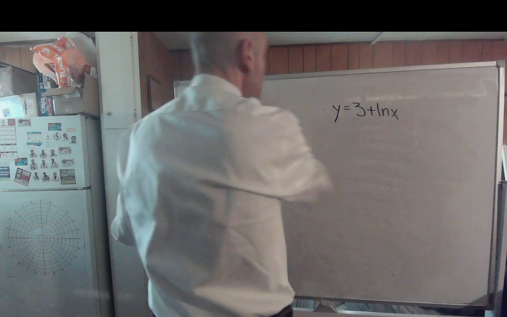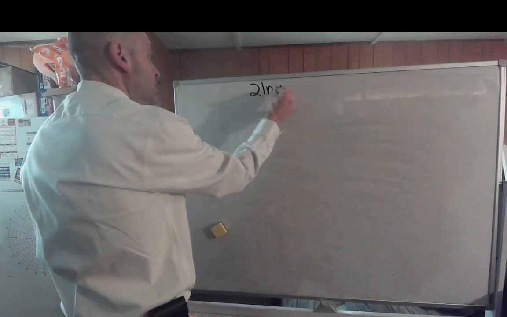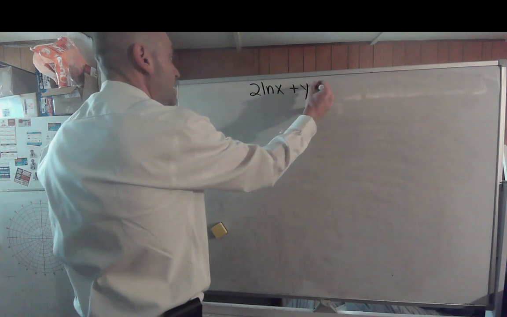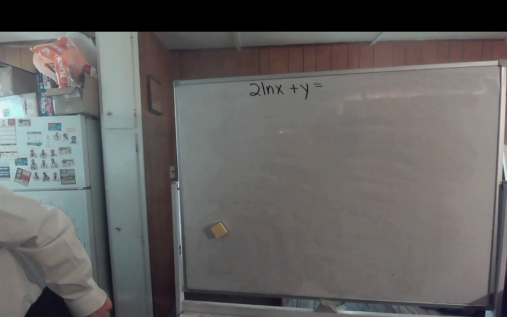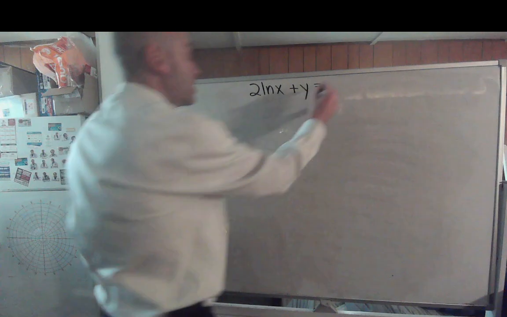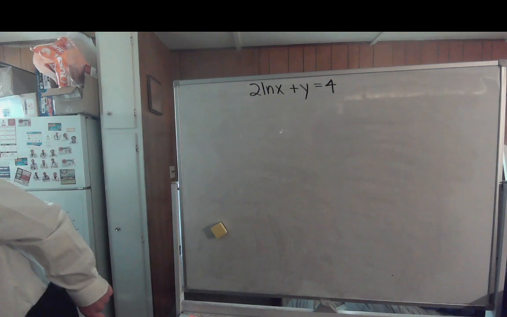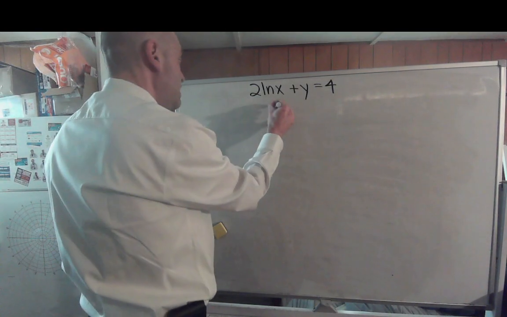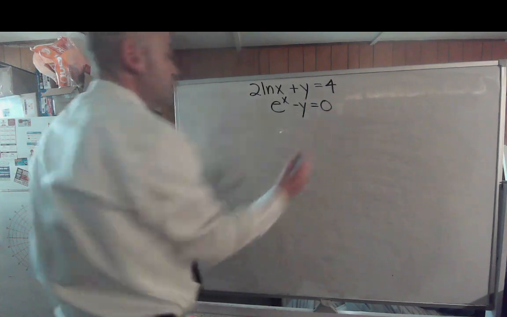So, and let's see here. What about 2 times the natural log of x plus y is equal to 4. And then you have e to the x minus y equals 0.